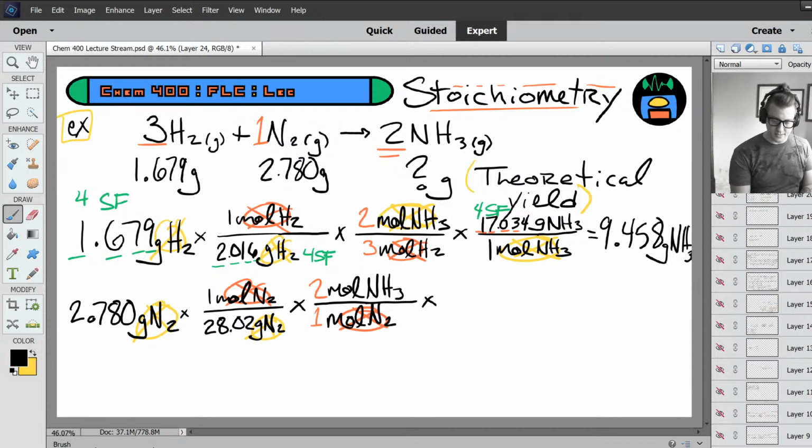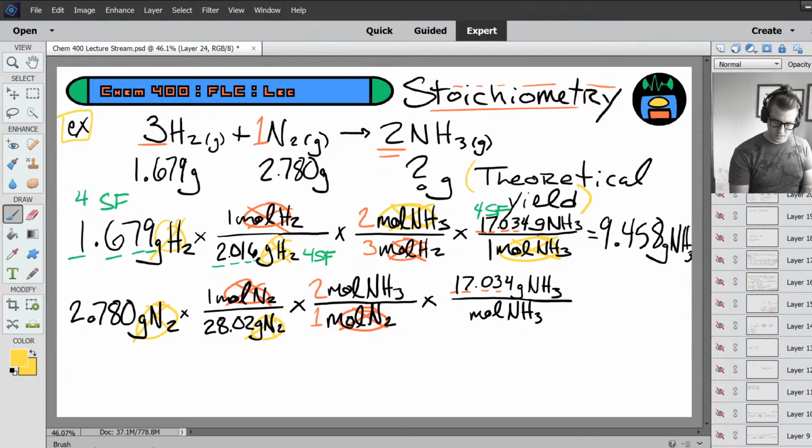Now the cool thing is, for this next unit conversion to go from moles of ammonia to grams, we have already calculated this molecular mass in the step before. So we just have to plug in the molecular mass above. For NH3, again, reminding ourselves that we have 4 sig figs here.